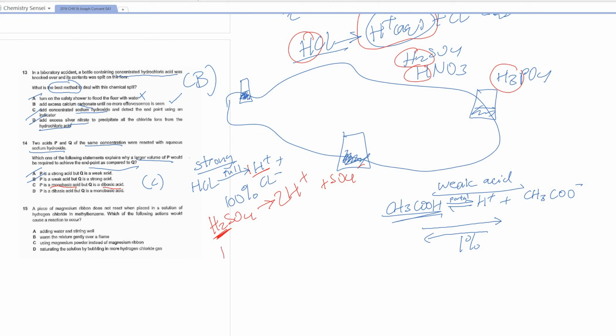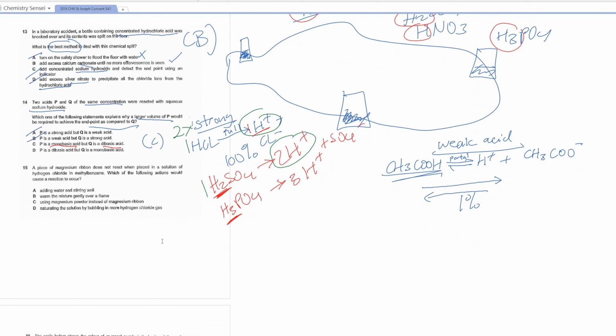For tribasic acid like phosphoric acid, we have 3 H atoms, so it will form 3 H plus. So for every 1 mole of HCl, I will get 1 H plus. For every 1 mole of H2SO4, I will get 2 H plus. Hence, I will need 2 times the amount of HCl to neutralize the same amount of sodium hydroxide as compared to sulfuric acid. And that is why the answer is option C.